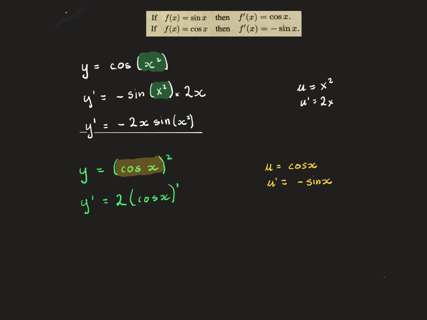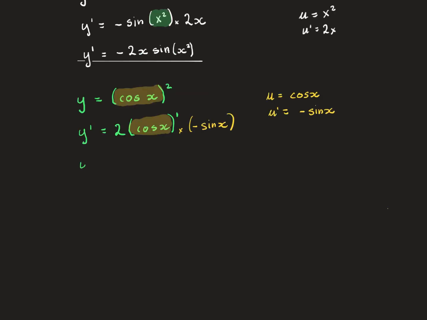Now we're able to differentiate the inside of the brackets, which is the cos x, so we can now multiply this by minus sin x.